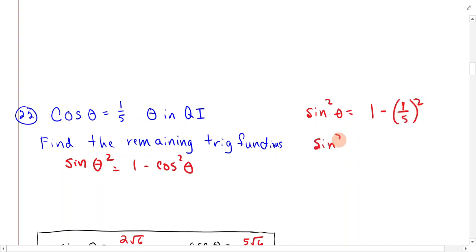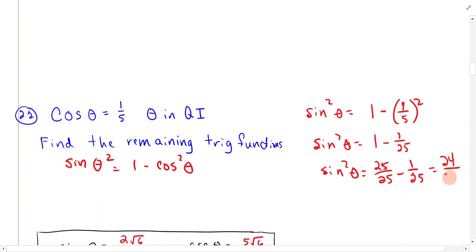So sine squared theta equals 1 minus 1 over 25. Sine squared theta equals, so this is like 25 over 25. I'm writing all of it out, which equals 24 over 25.